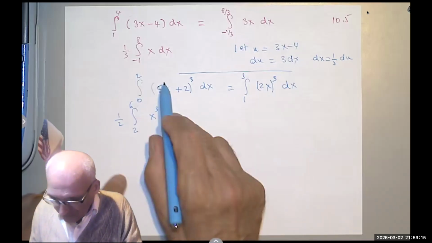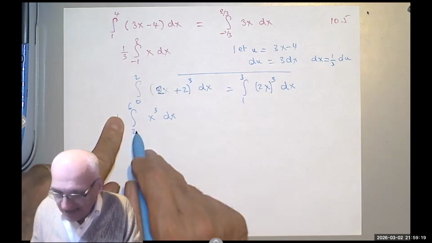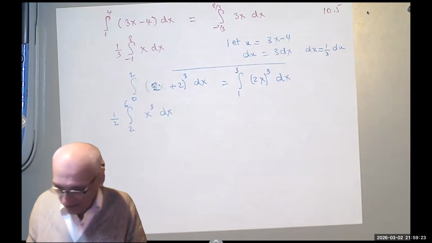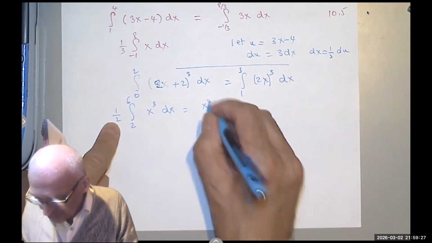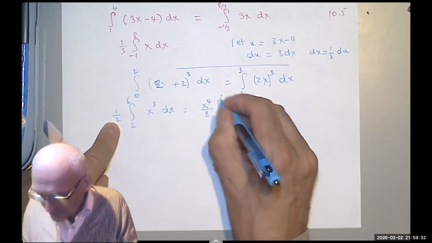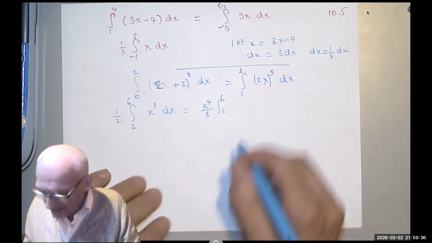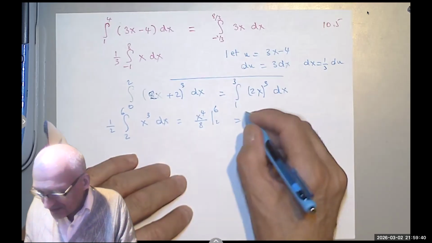Take 1 over that, substitute, and then multiply the limits by 2. This would be, I have 1/2 and x to the 4 over 4, so it would be x to the 4 over 8 from 2 to 6. Okay? If you substitute that, you get 6 to the 4th, right?